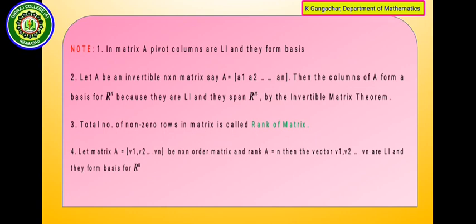Then the vectors V1, V2, so on Vn are linearly independent and they form a basis for R to the power n. So the matrix has n rows and rank is n. Then those vectors are linearly independent, and those vectors form a basis for R to the power n.